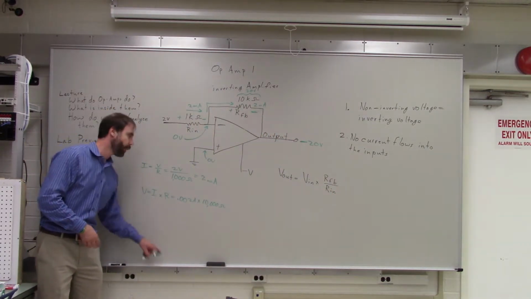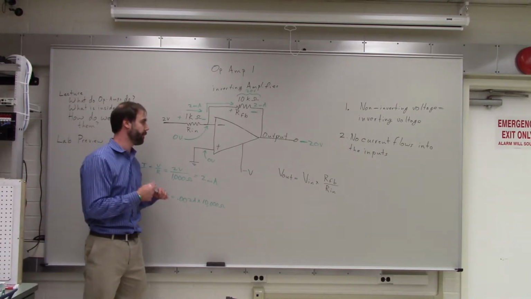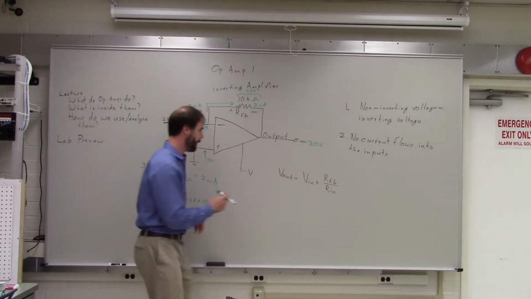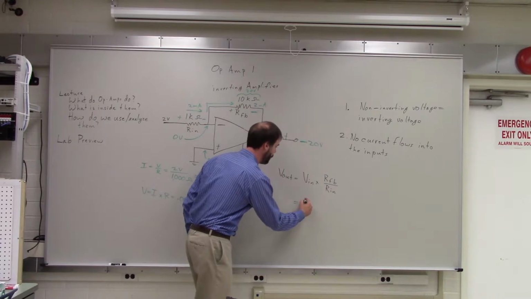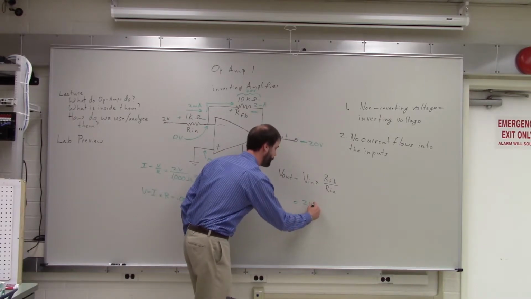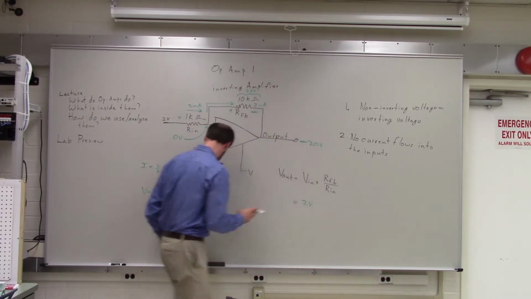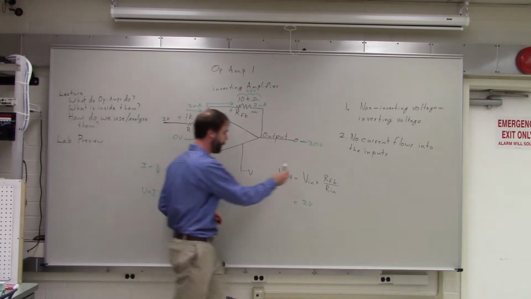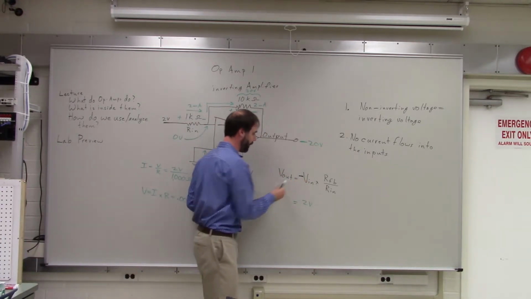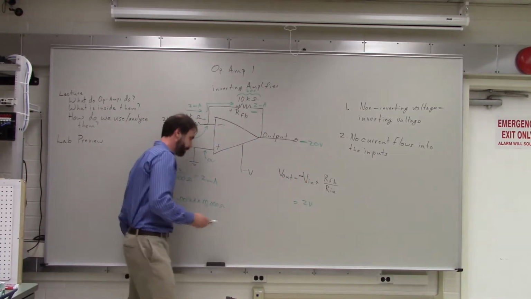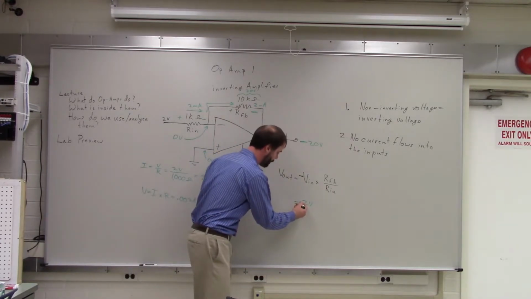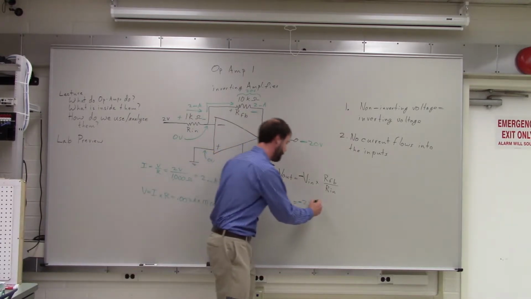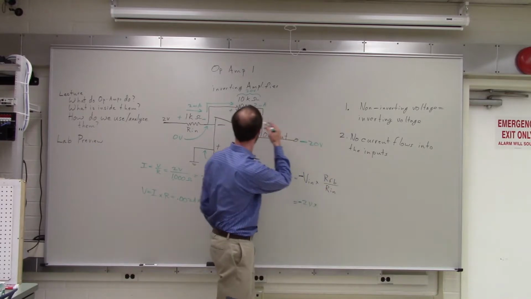So we can do that for this specific case and make sure that it works, right? We say V out equals V in, which is 2 volts. And that's inverting, right? So very importantly, we have to have this negative sign. It would be minus 2 volts times our feedback over R in.